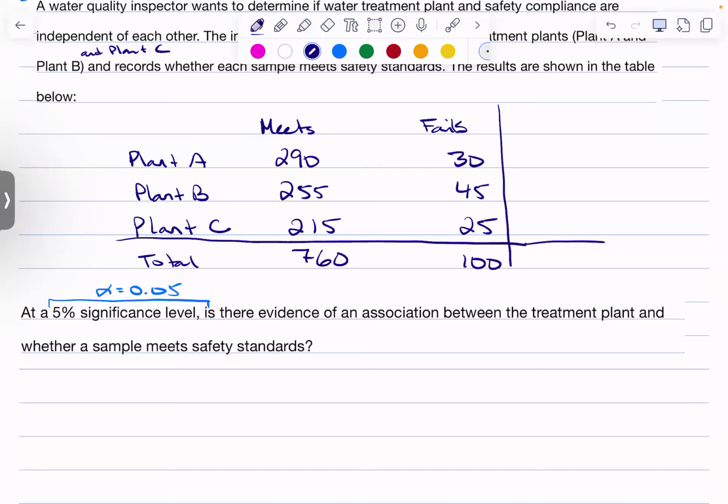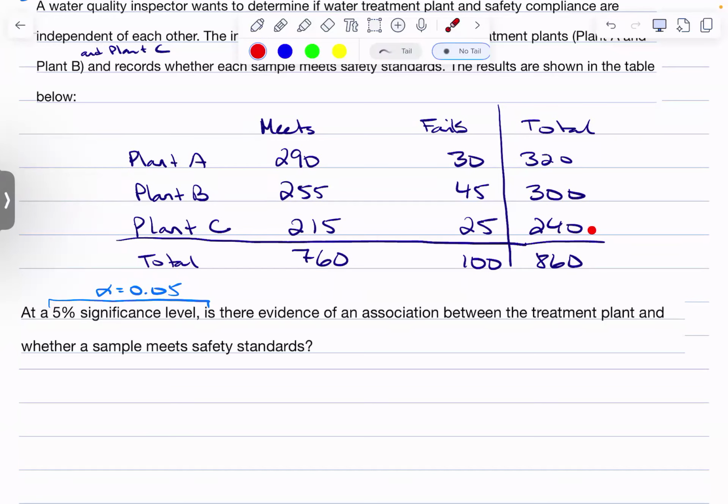Wow, almost like I planned it. I did not. 860. Huh? 290 plus 30 is 320. Here's the total. 255, oops, not times, but plus 45 is 300, and 215 plus 25 is 240.